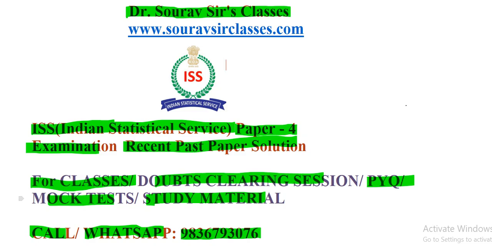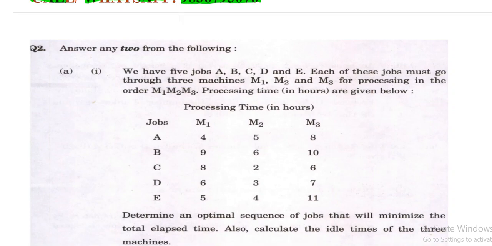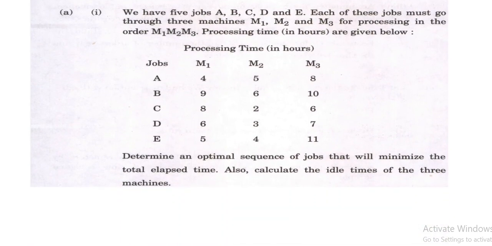Let's start with question number 2a. We have 5 jobs A, B, C, D and E, and each job must go through 3 machines M1, M2 and M3 for processing in the order M1, M2, M3.